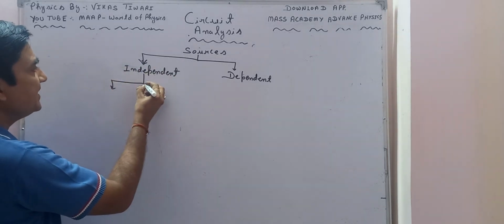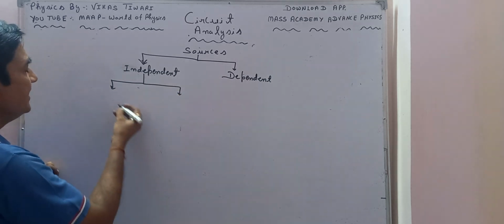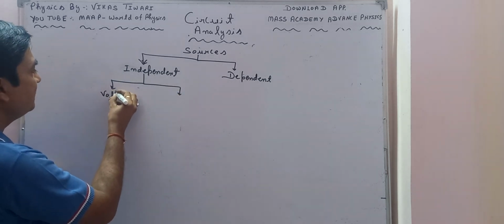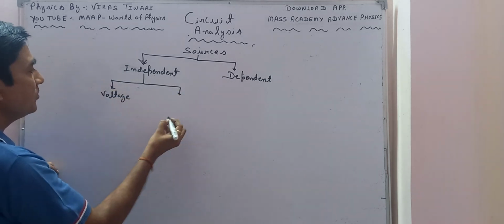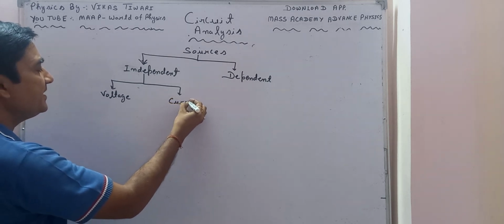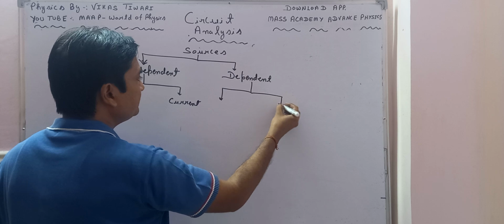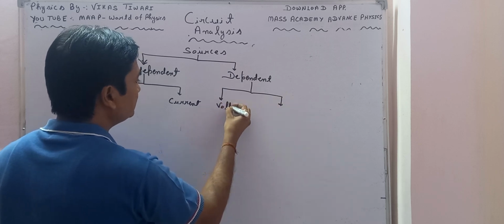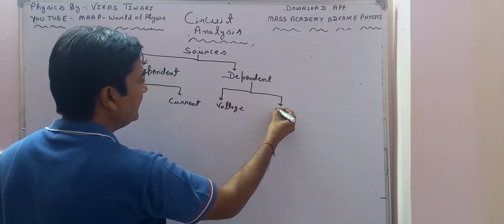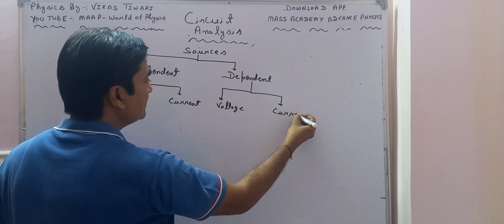Independent sources contain a voltage source and a current source. Similarly, dependent sources also contain a voltage source and a current source.